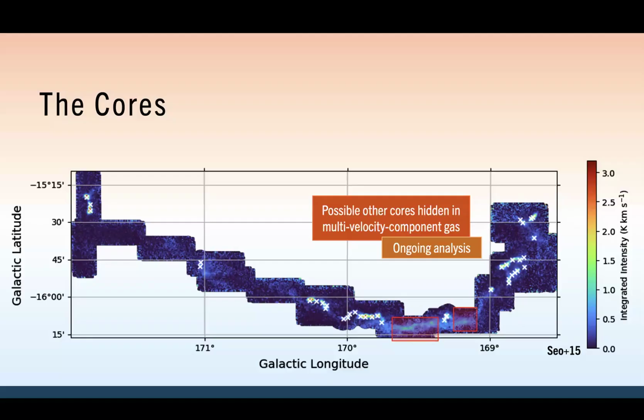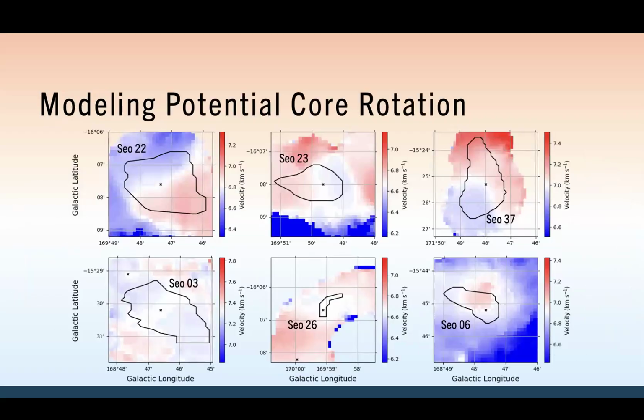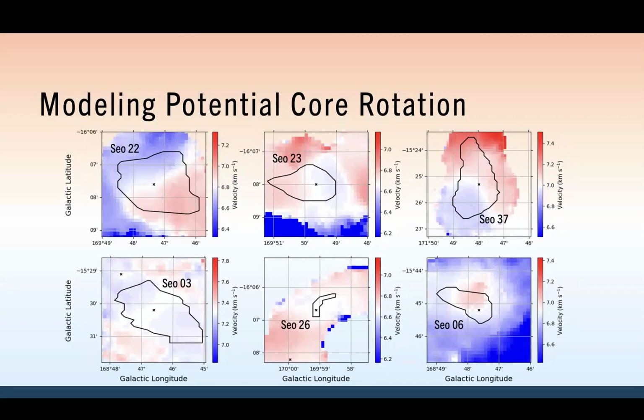But as I pointed out previously, there are some of these regions where there are possible other cores at very low densities, hiding in the multi-component gas. That's part of an ongoing analysis that I've not yet completed. But with the cores that we do have already, we can see that there's a big variety in the shapes and the sizes, but we can also use the velocity information that we have to model potential core rotation.